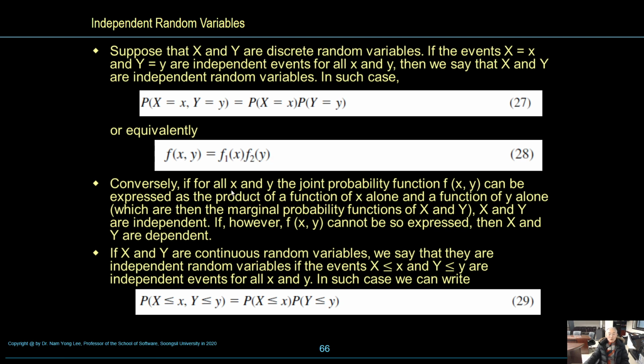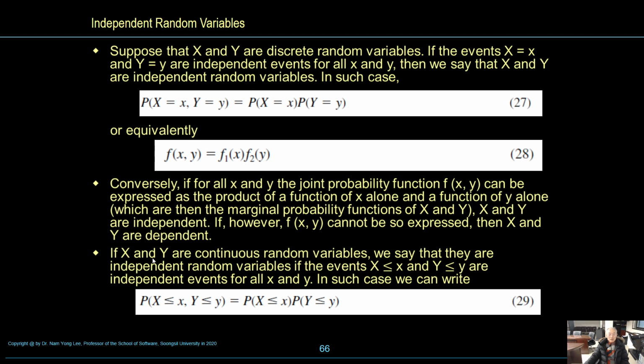Conversely, if for all x and y the joint probability function f(x,y) can be expressed as the product of a function of x alone and a function of y alone, then X and Y are independent. If, however, f(x,y) cannot be so expressed, then X and Y are dependent.